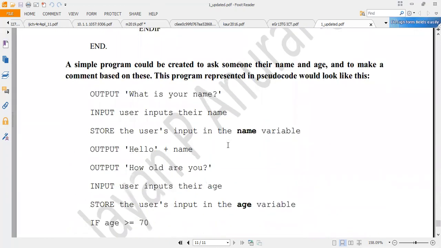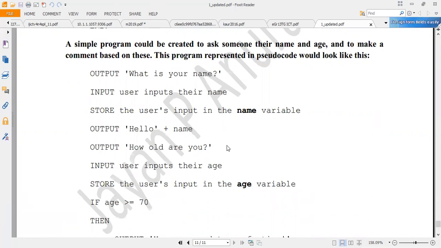Another example: a simple program could be created to ask someone their name and age and to make a comment based on this. This program represented in pseudocode would look like this. Output: what is your name, get the input from the user, the user inputs their name.